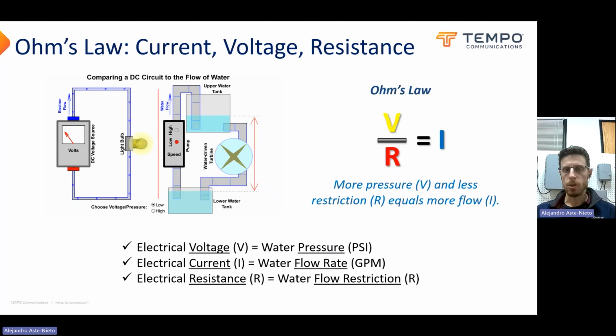But you can actually take the number of volts in a circuit from the power source, divide that by the number of ohms across the circuit, the amount of resistance in that circuit, and you will get the number of amps flowing in that circuit.